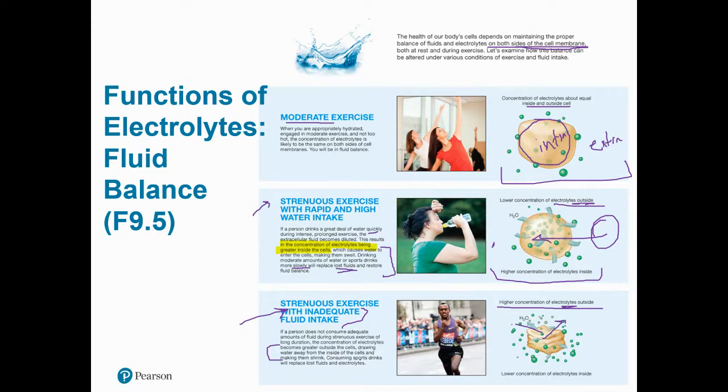Again, we can correct this by consuming a sports drink, which replaces both fluids and electrolytes and would ultimately help to restore electrolyte balance inside and outside the cell, which would then restore the water balance inside and outside the cell.